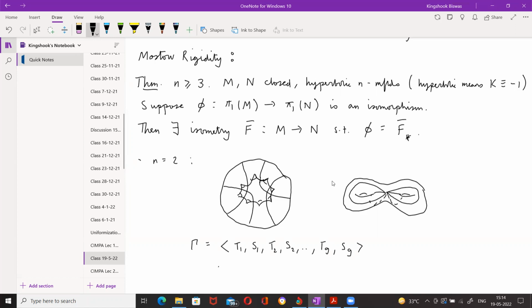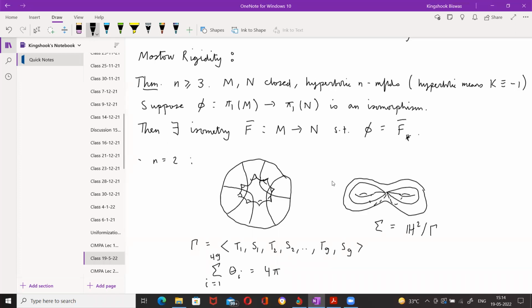If the sum of angles, theta i, i from 1 to 4G, is 2 pi, then it's a theorem of Poincaré that this group is discrete and acts without fixed points. And so the quotient is a covering map, and the quotient will be this genus G surface, H2 mod gamma.